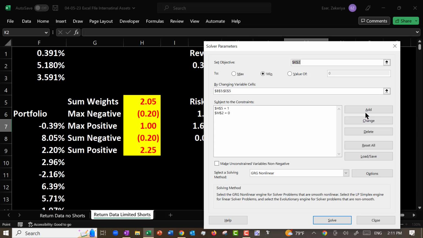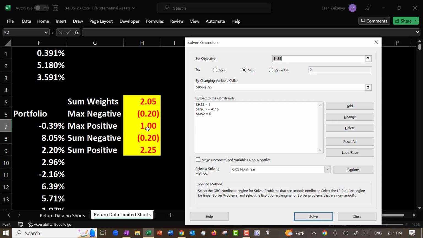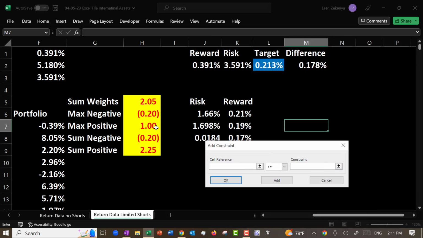I want the maximum negative one to be less than or equal to, I'm sorry, greater than or equal to negative 0.15. I want positive weights to be less than or equal to 1.25.